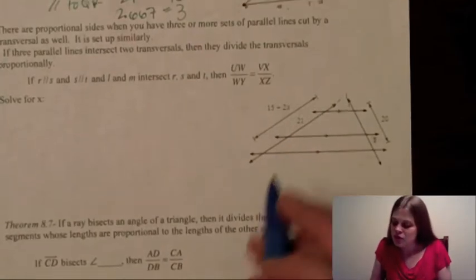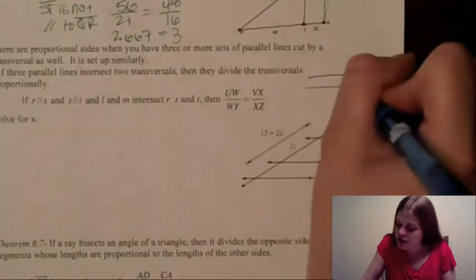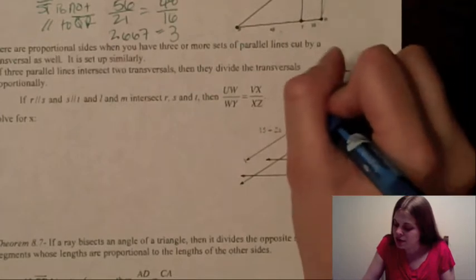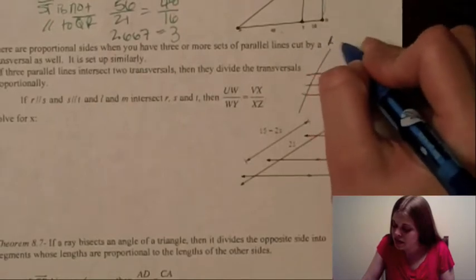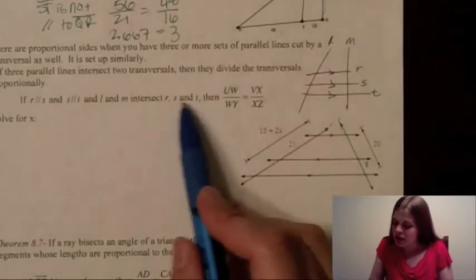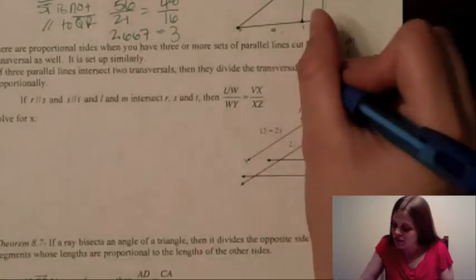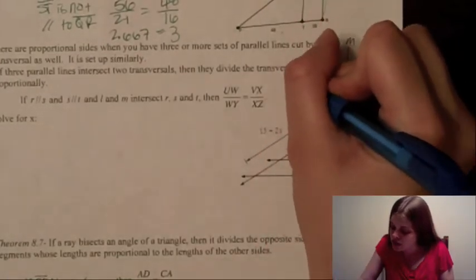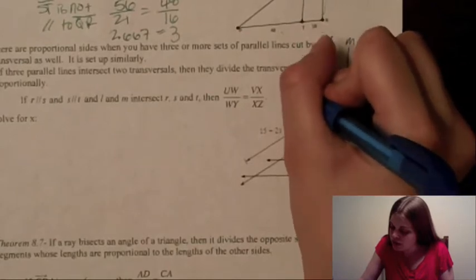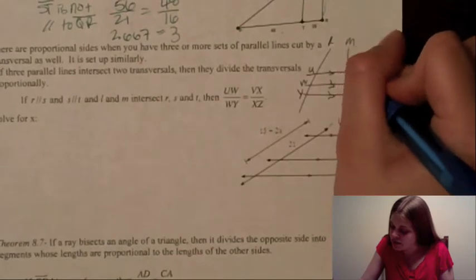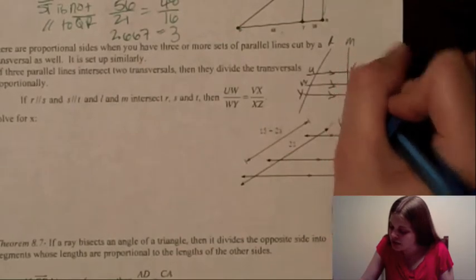Okay? So if R is parallel to S, so this is R, this is S, and S is parallel to T, and lines L and M intersect R, S, and T, then UW over WY equals VX over XZ.